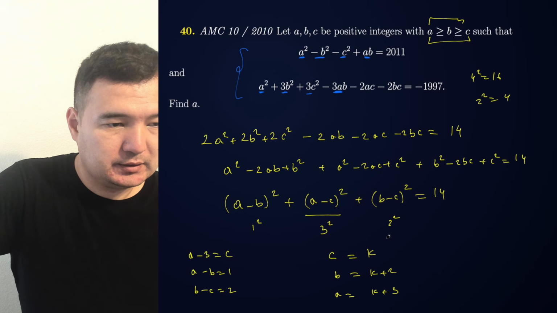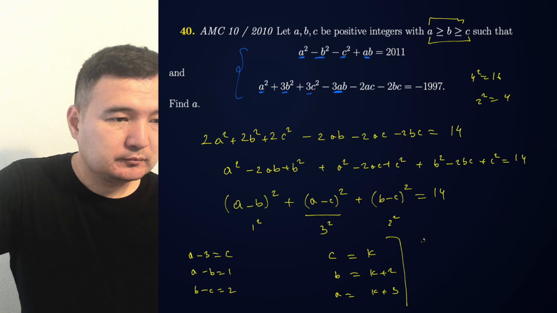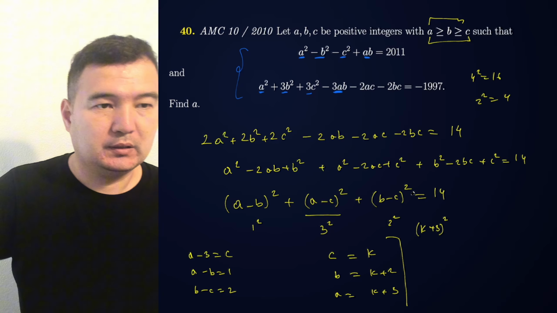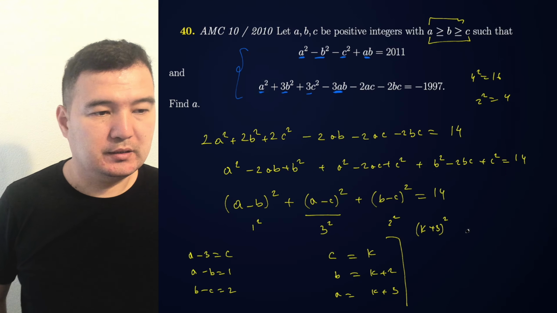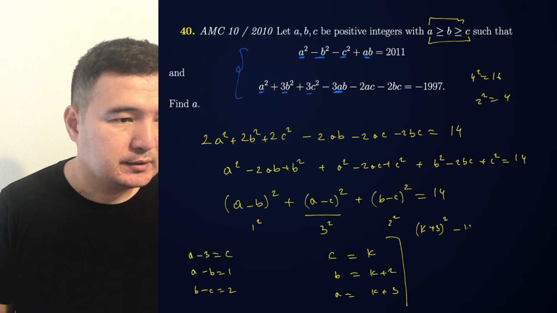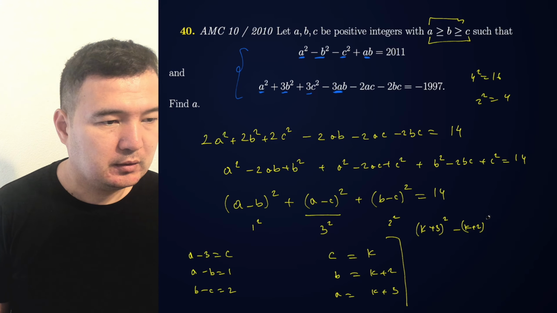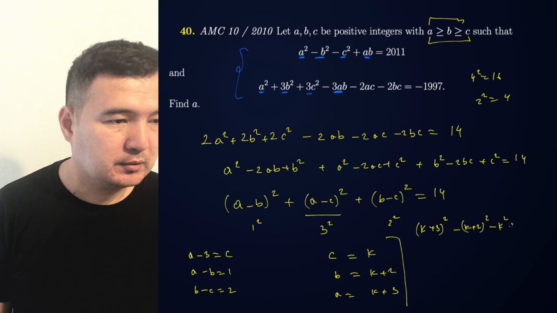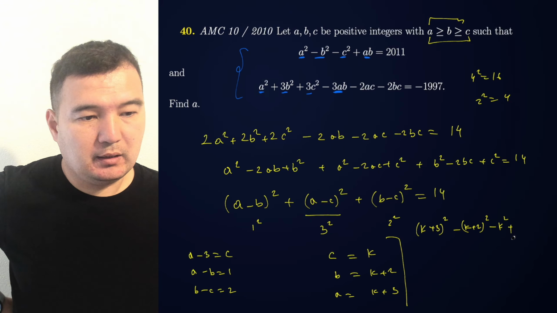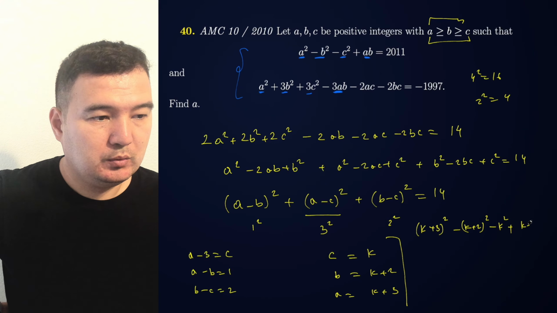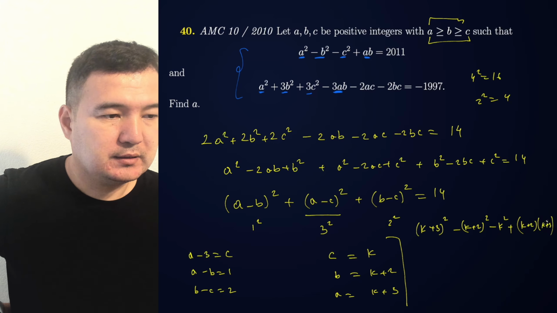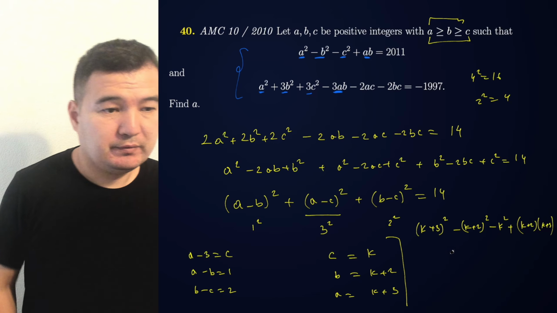So let's try that. Let's say k squared, k plus 3 squared, right? For the first equation, A squared minus k plus 2 squared minus k squared plus AB, which is k plus 2 times k plus 3, equals 2011. Let me simplify this.